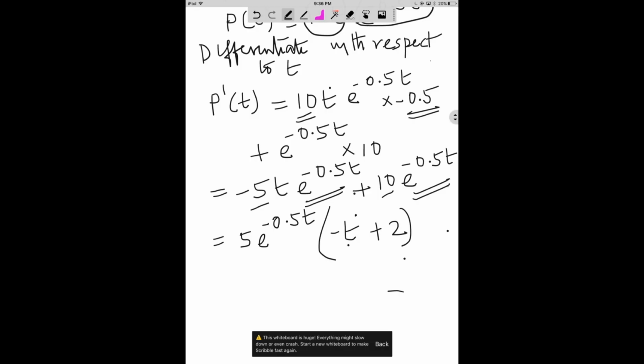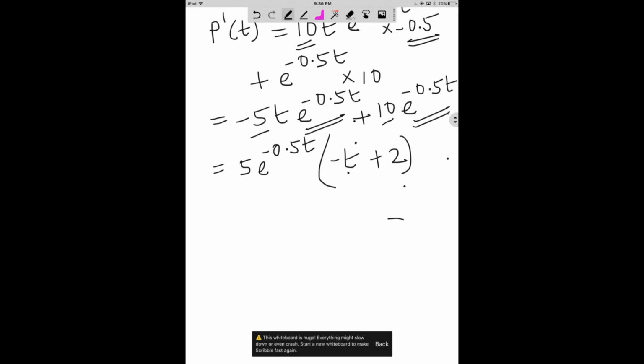Okay, at the maximum point or at the critical point, p dash t is equal to 0. At the turning point or critical point, p dash t is equal to 0.